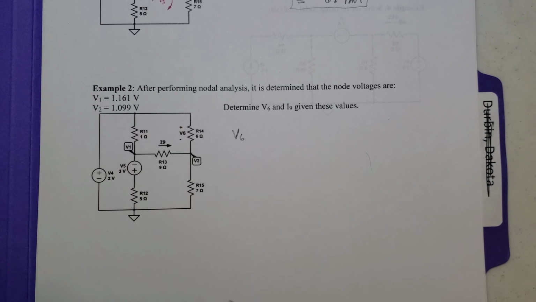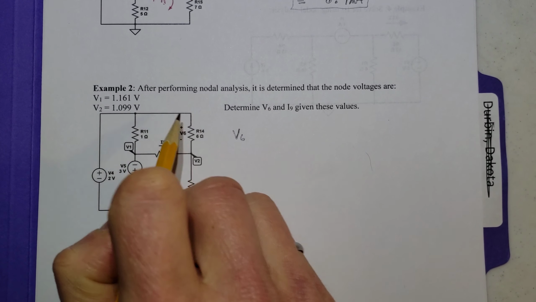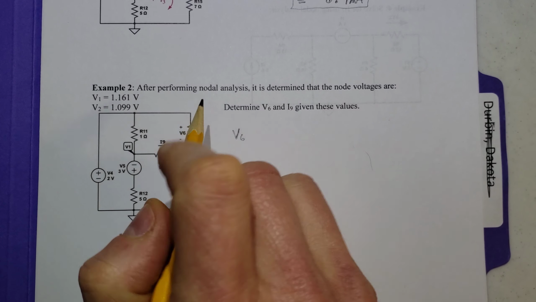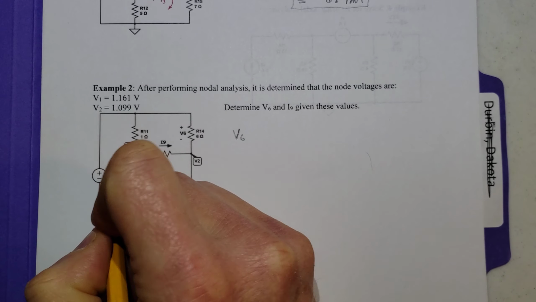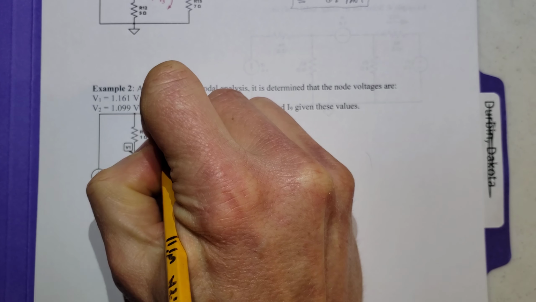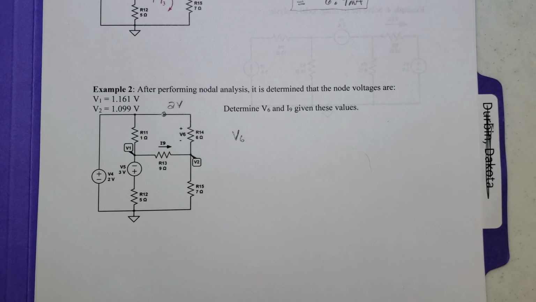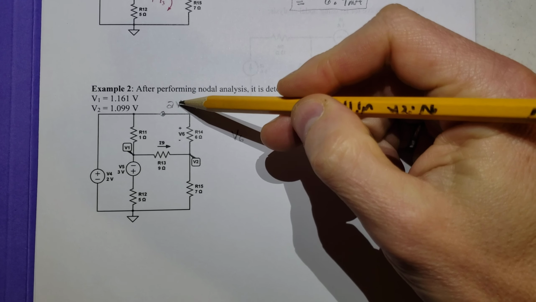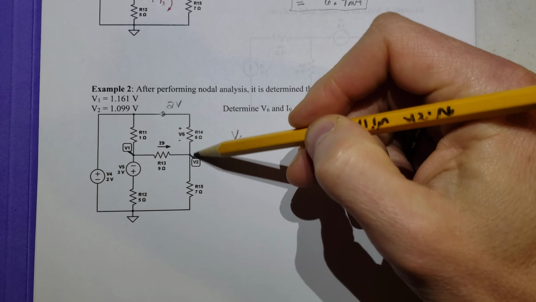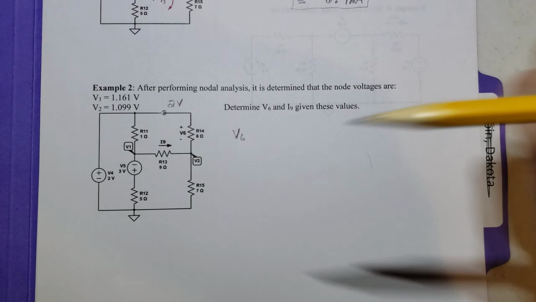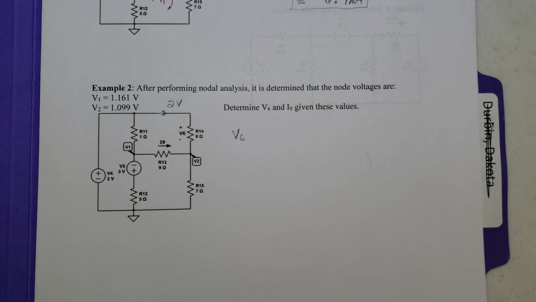When we look at this, we didn't solve for this thing at the top, which is actually a node, but we see that there's 2 volts. And so we didn't have to solve anything. We know that this is 2 volts up at the top. So all we need to do is take the difference between the 2 voltages, 2 volts and V2, in order to find V6, and it doesn't involve any currents at all, just a difference.